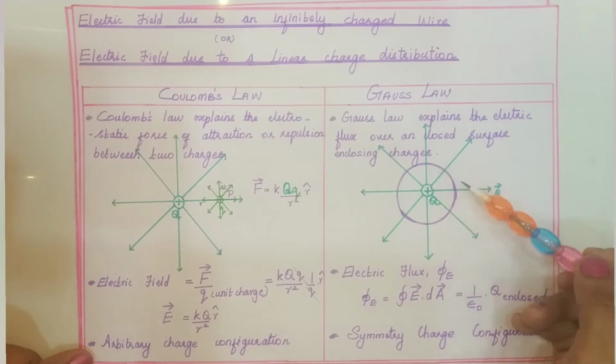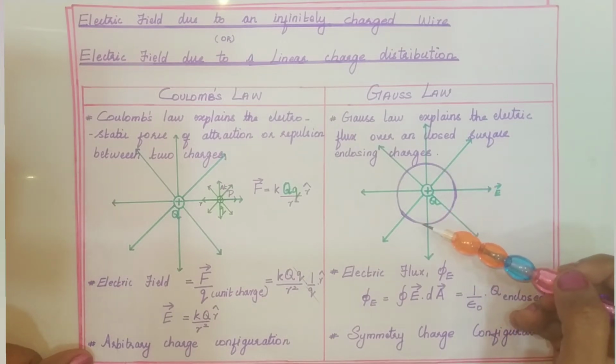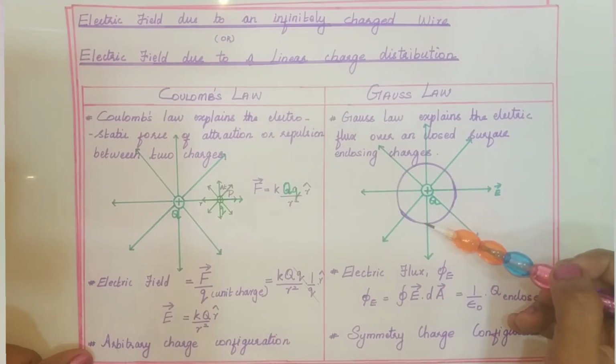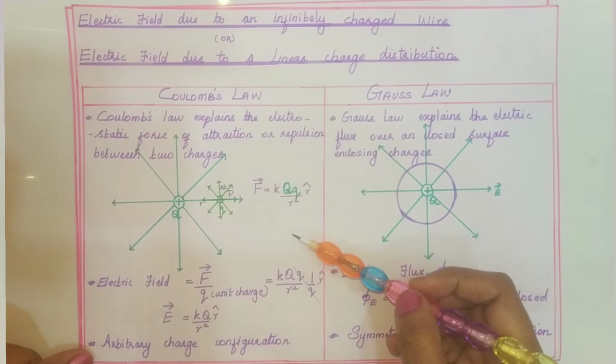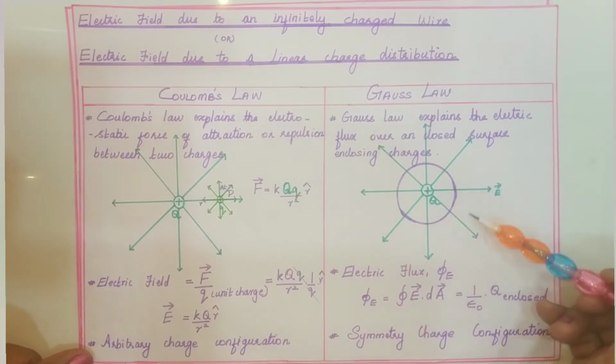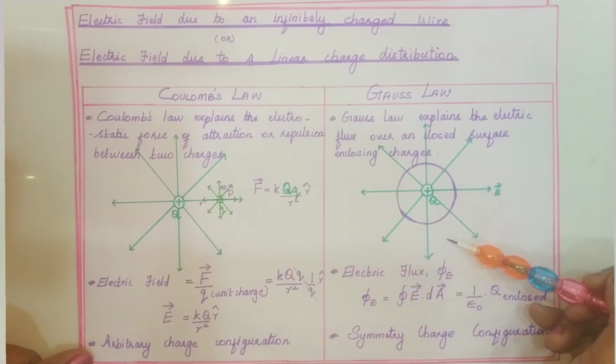That is, we can find the electric field using Gauss law if there is a symmetric charge configuration. In Coulomb's law, any arbitrary charge configuration can be used, but in Gauss law, a symmetric charge configuration is required to find the electric field.